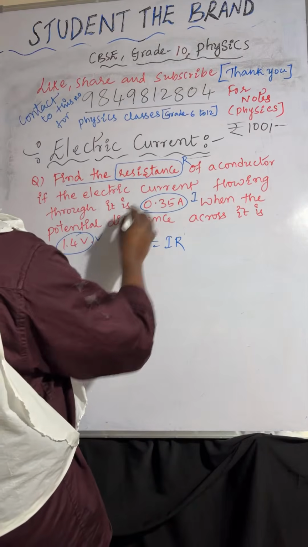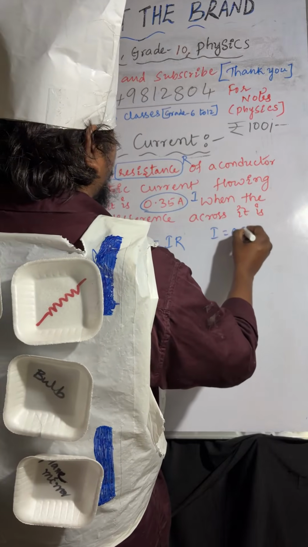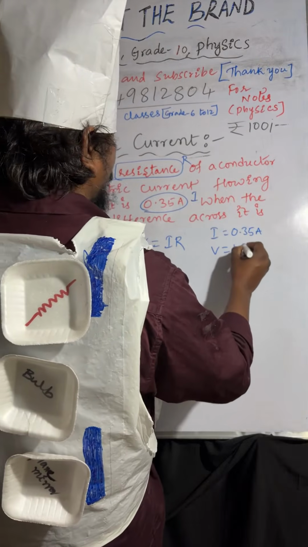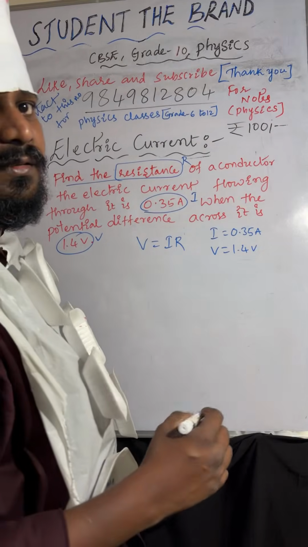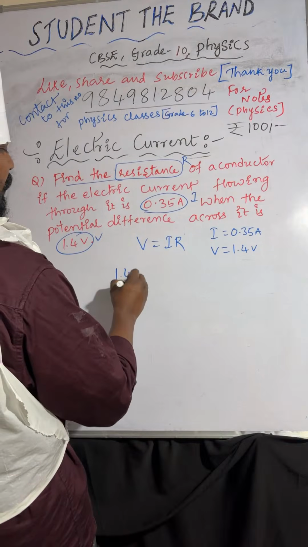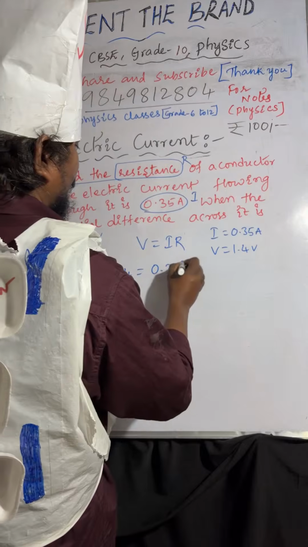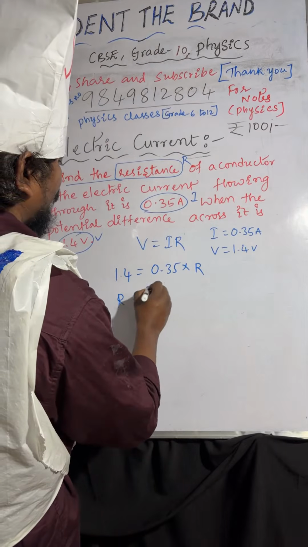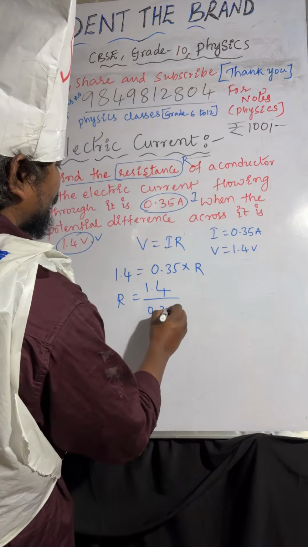So first write I equal to 0.35 ampere. Potential difference is equal to 1.4 volts. Anyway, all are in SI units. So 1.4 equal to 0.35 into R. R equal to 1.4 by 0.35.